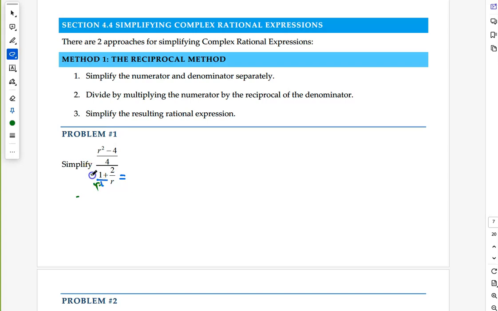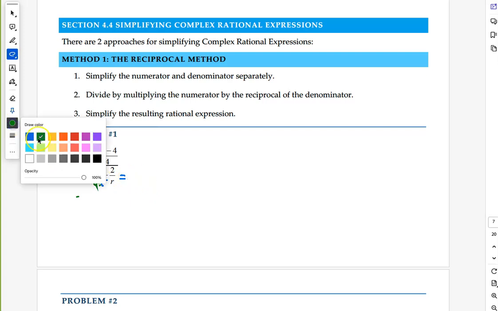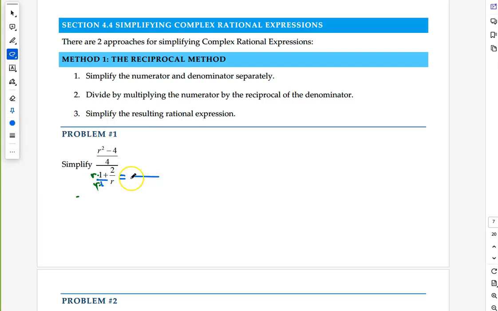And if I do that to the bottom, I also need to do that to the top. So r times 1 is r, and then plus 2. And on the bottom, the common denominator was r, so that's what I put there.